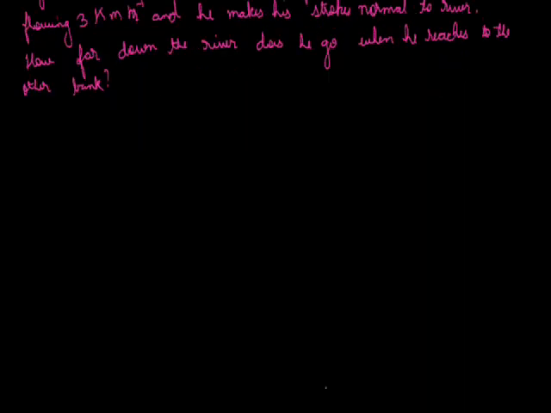So to calculate how far he goes when he reaches the other bank, first we have to calculate the time taken by the man to cross the river. That is, time is equal to distance by speed.